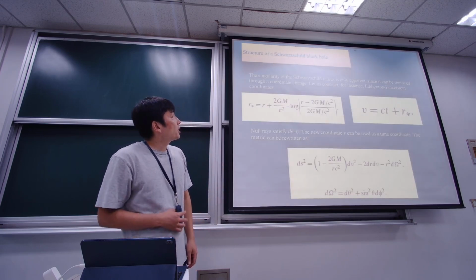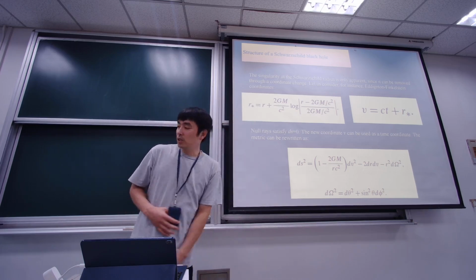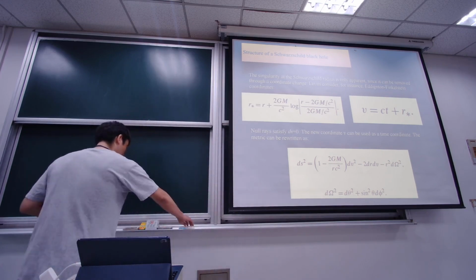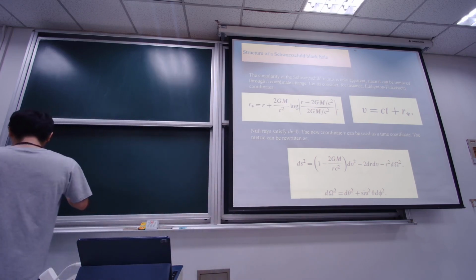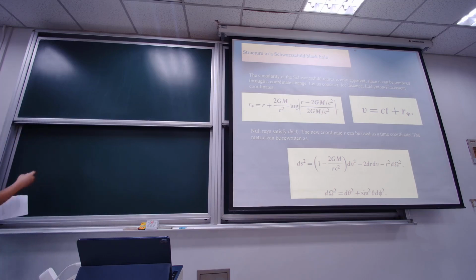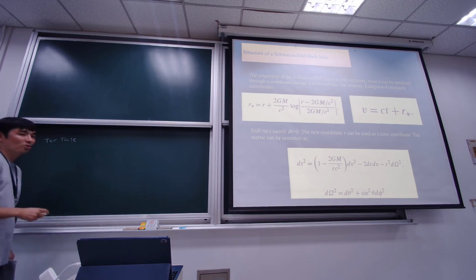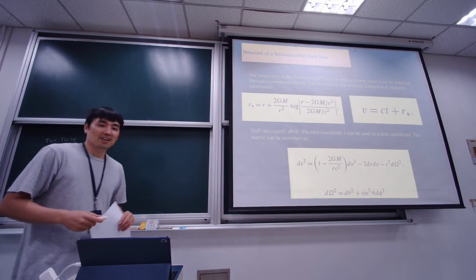And then we introduce the so-called tortoise coordinate. Let me write it down. So this r star is called the tortoise coordinate.